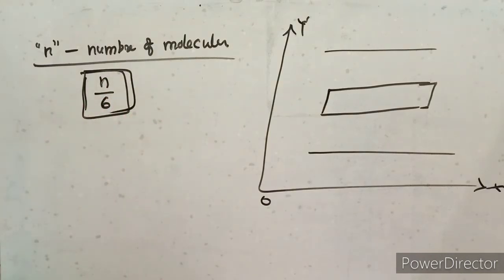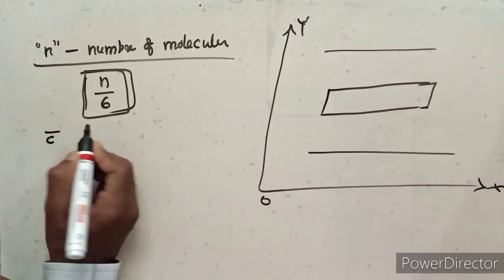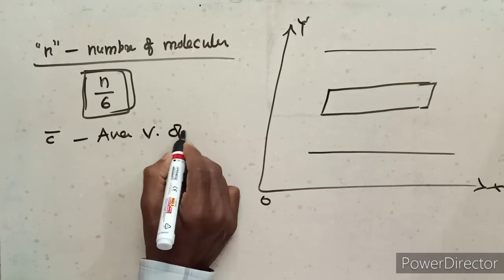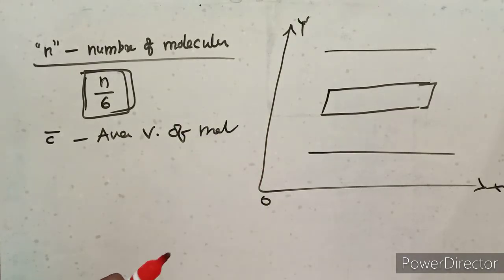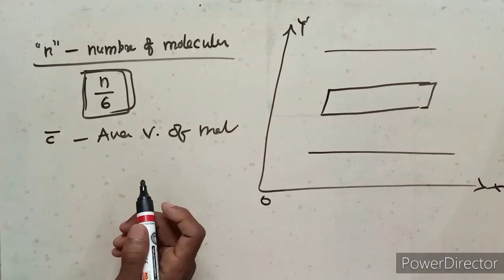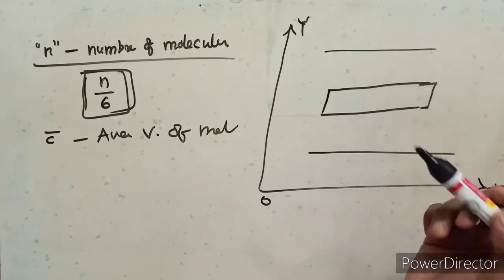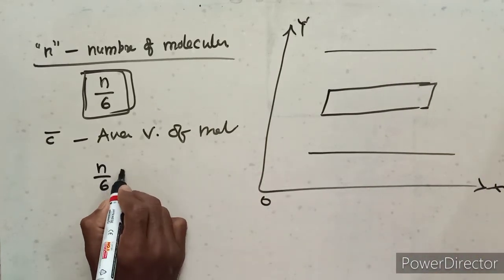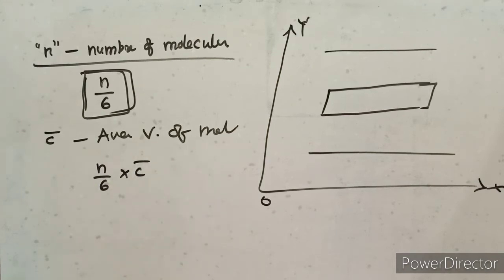If c bar is the average velocity of molecules, then it is given by n upon 6 into c bar.